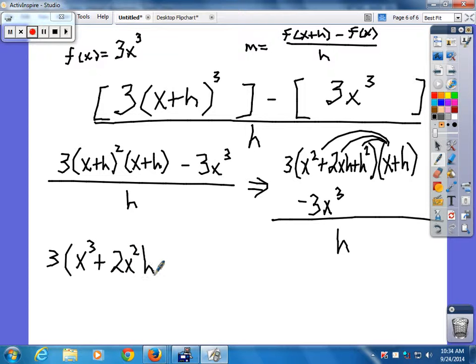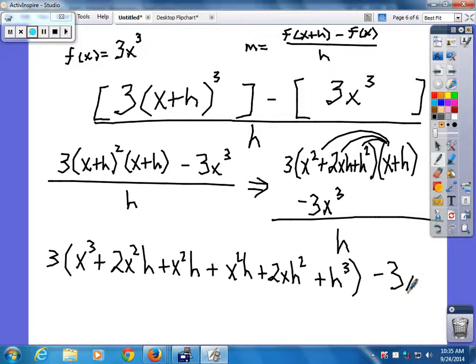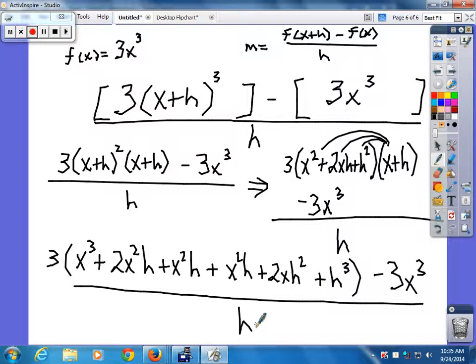And then xh squared plus hx squared, or x squared h, plus 2x h squared plus h cubed. And then minus 3x cubed, all over what? H. Now I'm going to copy this, and we're going to take it to the next page.